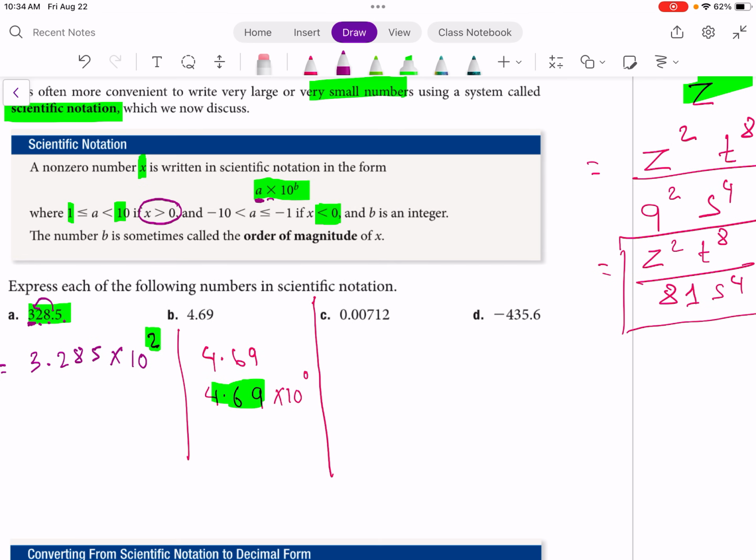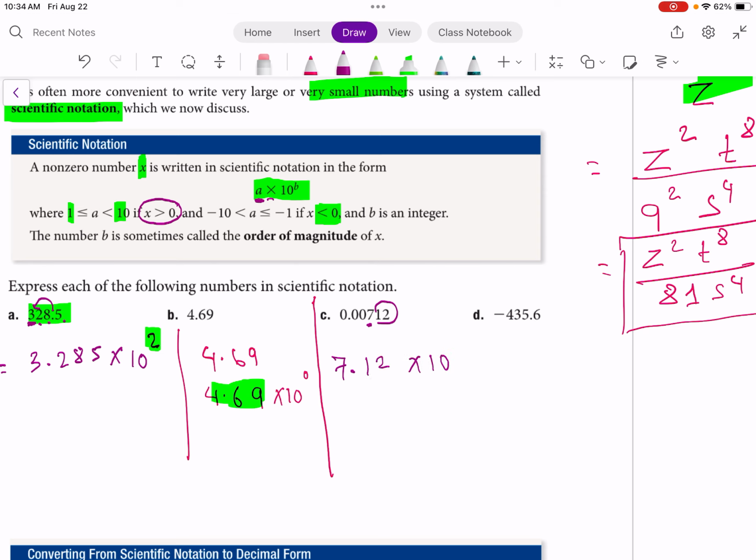We find a. We take the first digit, excluding 0. Our first digit is 7. So write down 7, then decimal, remaining digits 1 2, times 10 to the power.